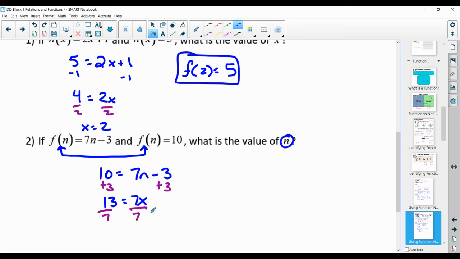And this will give us a decimal, so we're going to leave it in exact form. So n equals 13 over 7. So f of 13 over 7 equals 10. And so again, you could check that on your calculator. You could take the 13 over 7, multiply by 7, and subtract 3, and you should get 10.